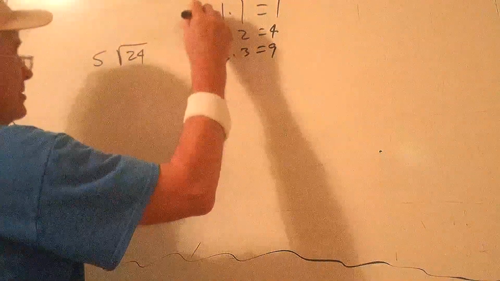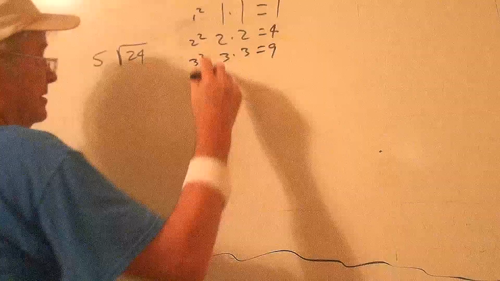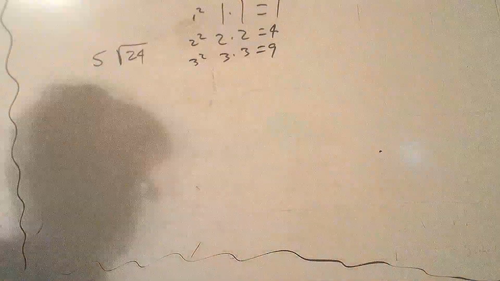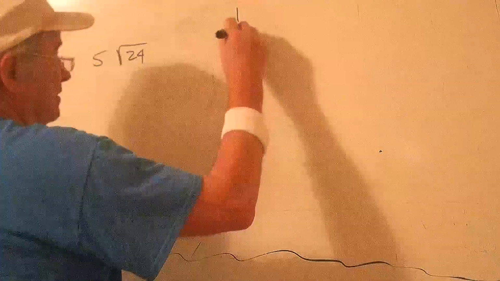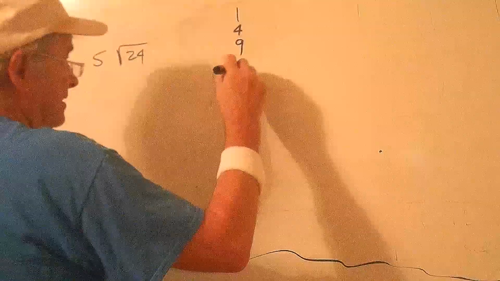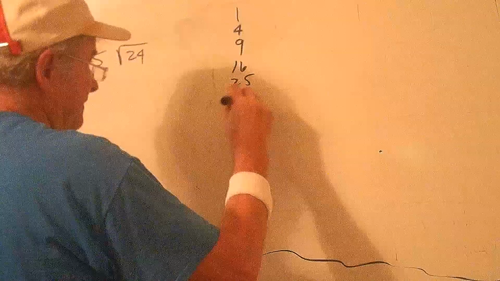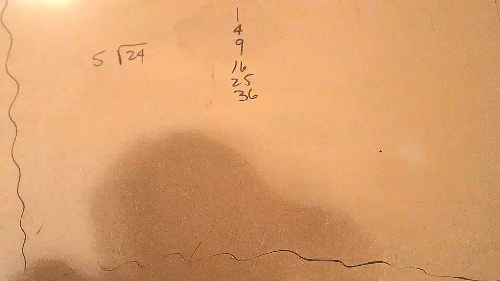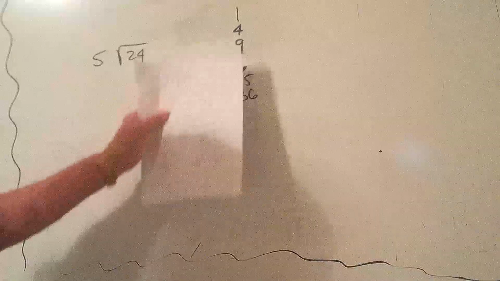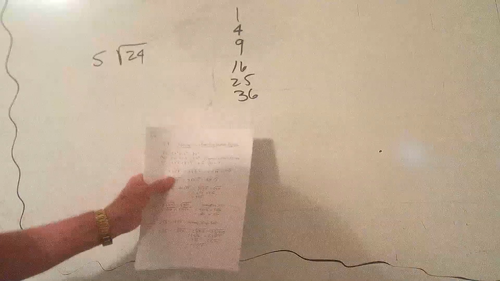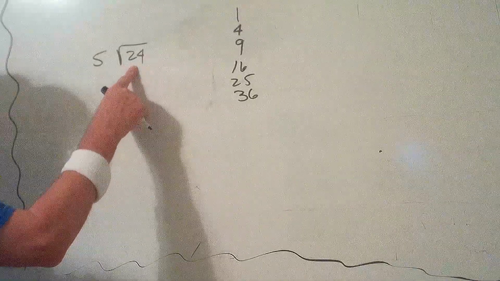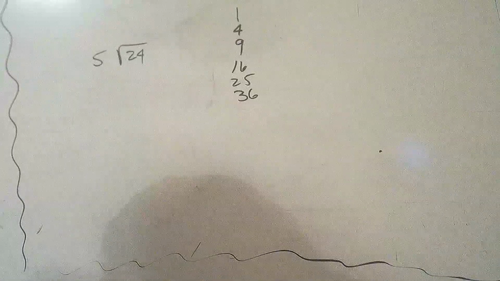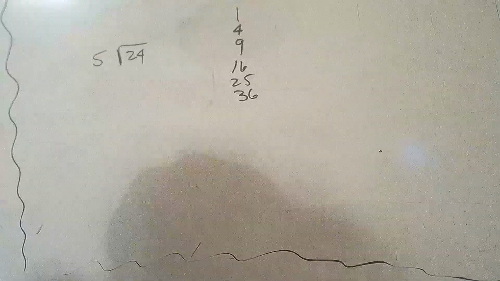This is 1 squared, 2 squared, 3 squared, and so on. So what we want is, these are the perfect squares: 1, 4, 9, 16, 25, 36, and so forth. 1 times 1, 2 times 2, 3 times 3, 4 times 4, 5 times 5, 6 times 6. So can we factor the 24 into something where one of those numbers is a perfect square? Yes.